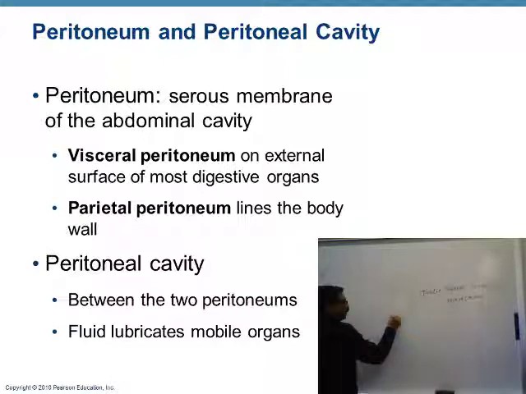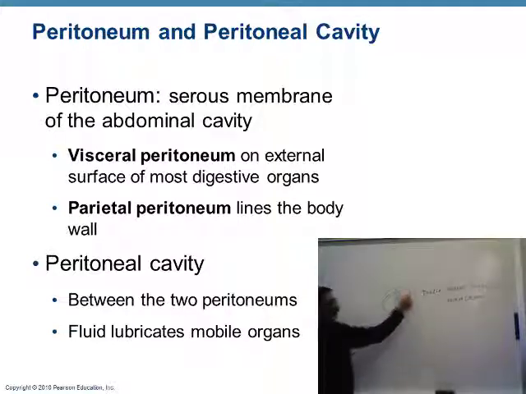One layer is attached to the inner surface of the wall like this, and then this layer moves in from both ends and covers some abdominal organs like this. This is another abdominal organ, covers like this.